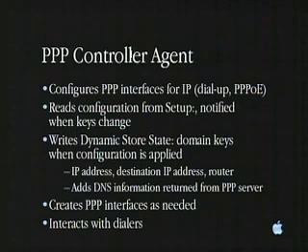The fourth agent I'm going to talk about is the PPP controller agent. PPP controller does a similar task to the IP configuration agent, except that it manages PPP interfaces for IP. So it does dial-up modem connections and PPP over Ethernet. Just like the IP configuration agent, it reads its configuration from the setup keys, and it's notified when the user makes changes as well.